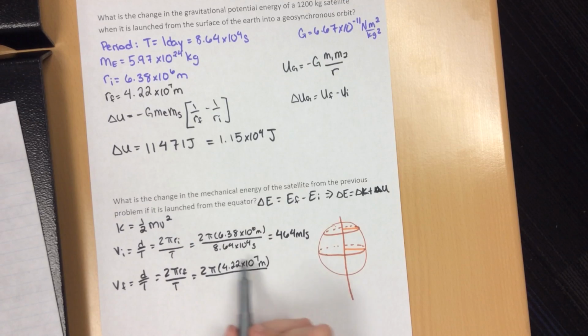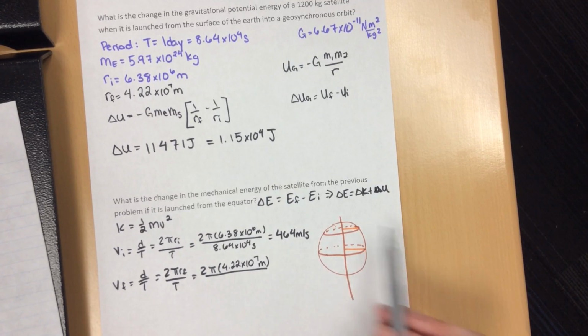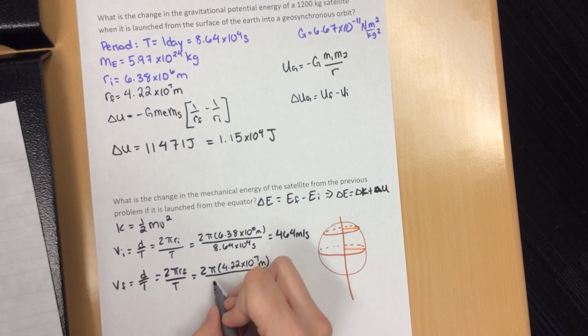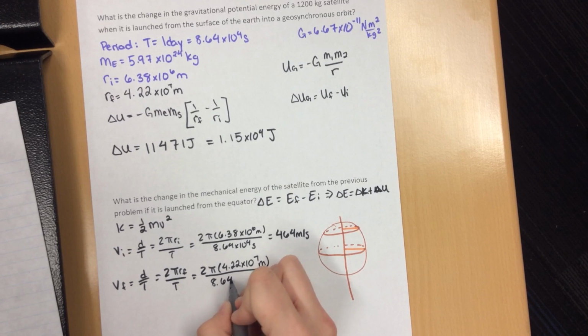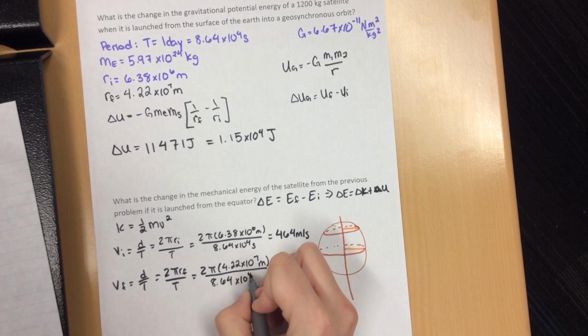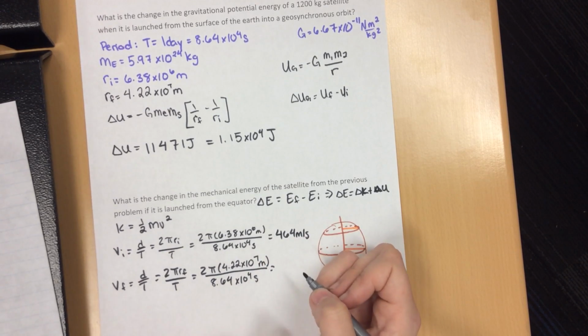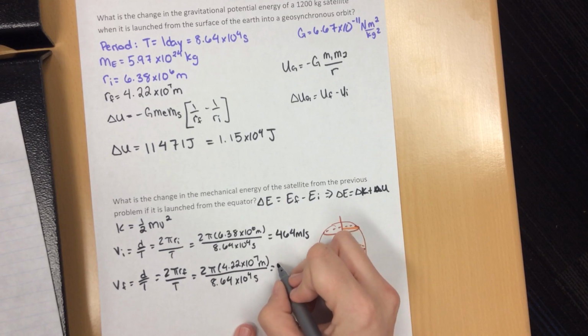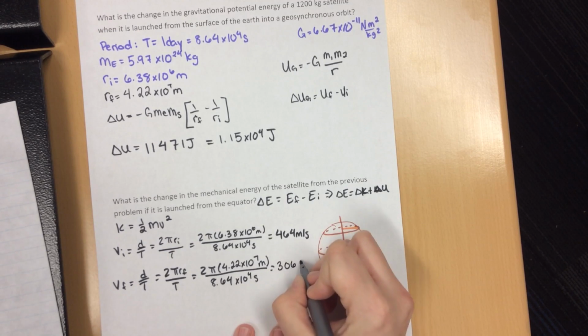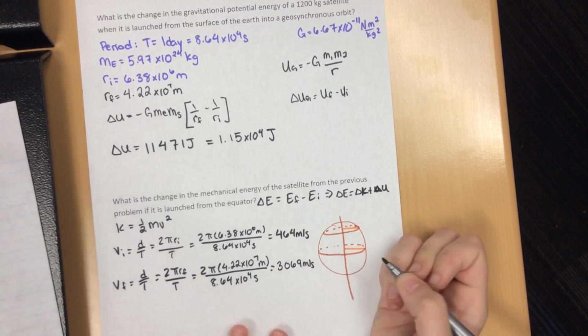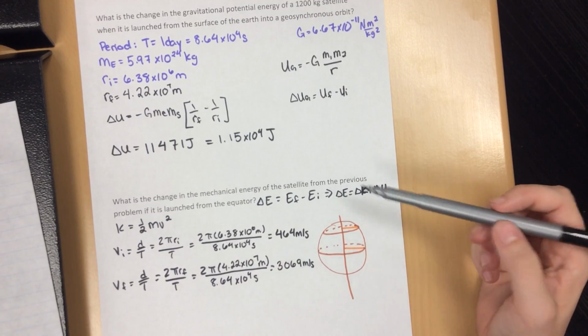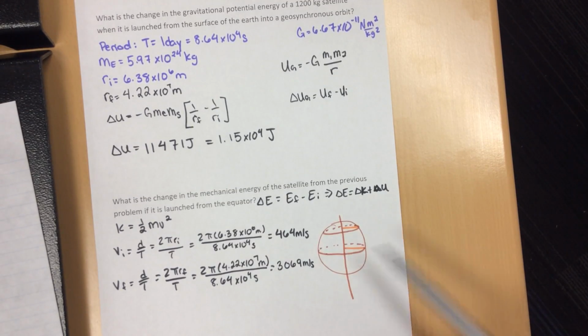It's having to cover a much larger distance orbiting the Earth, but it's going to do so in the same amount of time. So we are going to see the speed go up significantly, to a speed of 3,069 meters per second. So we have our initial speed of our satellite moving on the equator, and our final speed of our satellite now in a geosynchronous orbit about the Earth.